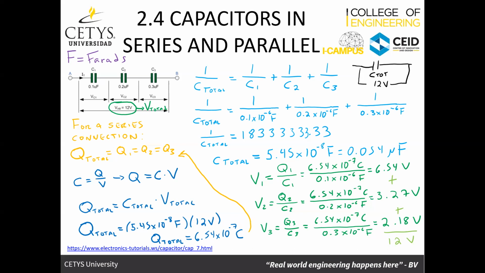And that's because the voltage is spread out. That's the other important thing. The voltage is going to be distributed. If I have a total voltage of whatever value, that voltage is distributed proportionally among the elements. That always happens in a series connection of any type of component.